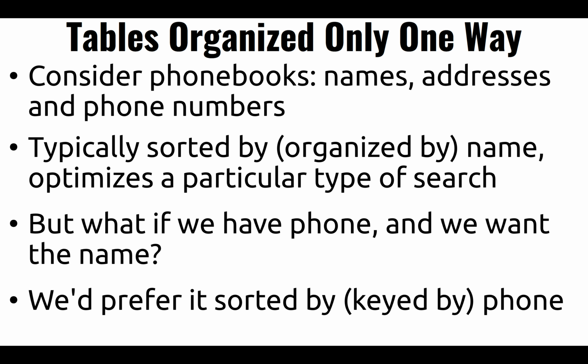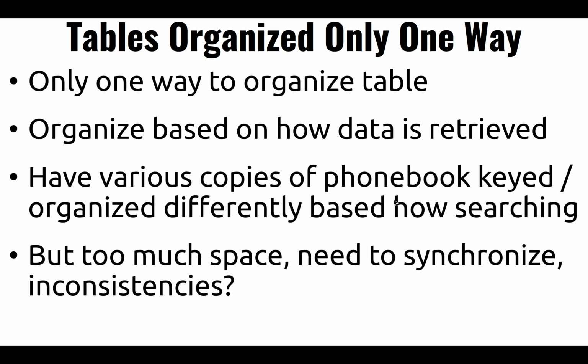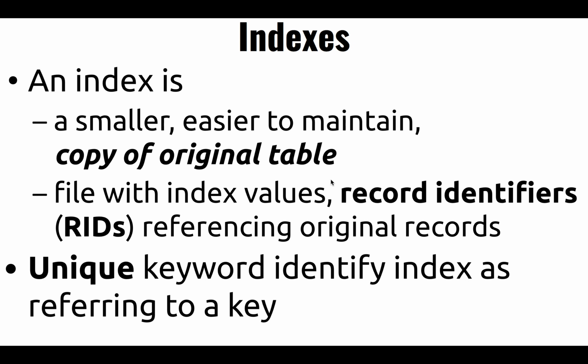And what the database is going to do is leave the original records alone, right? It's not going to touch them. Instead, it's going to create a small copy of the original database, which is going to have the fields by which we want to sort. So it's going to sort the content of the new table, not the original table.